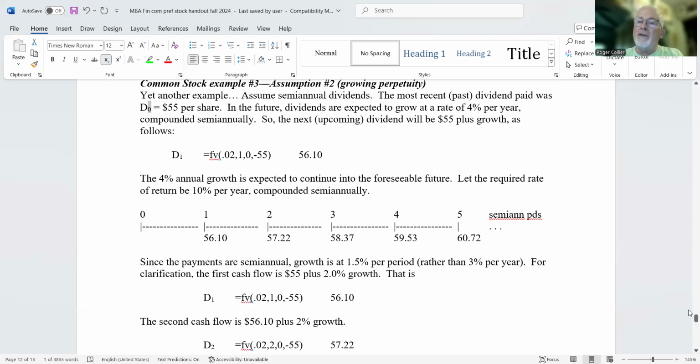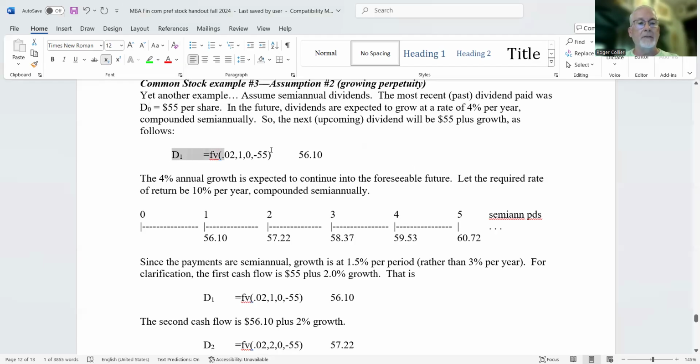So if, like in the previous example, I give you D1, well, great, I'll just plug it in the formula and get an answer. If in this situation, right, I throw you a curve and give you D0 instead of D1, then we have to turn the previous dividend, D0, into the upcoming dividend, D1, and that is a simple future value calculation.